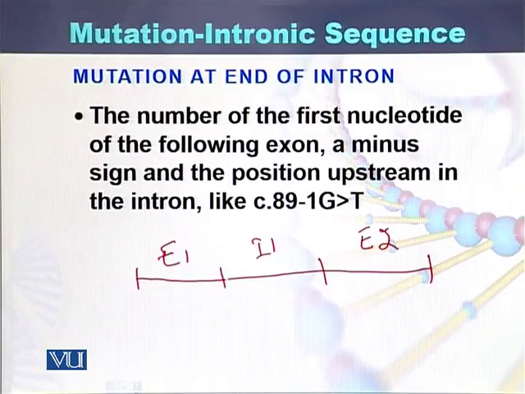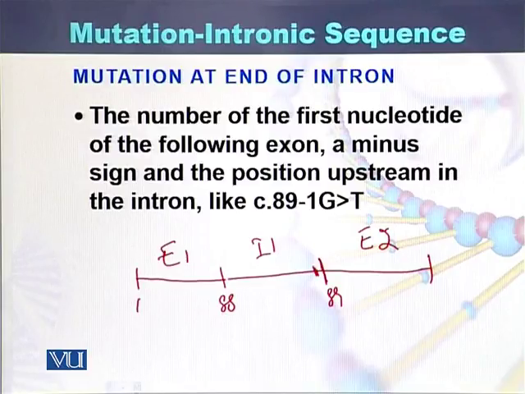If there is a mutation present in intron 1 at this location, how do we write that mutation? If the last nucleotide of the exon is 88, then 89 will be the first nucleotide of exon 2.